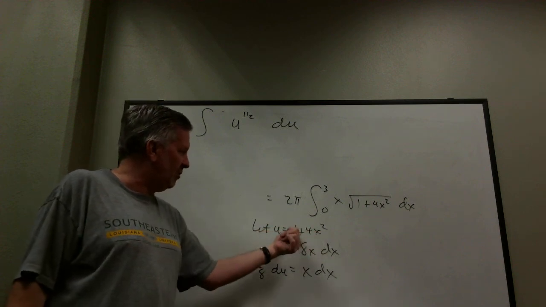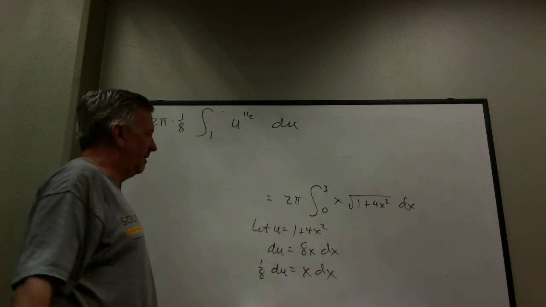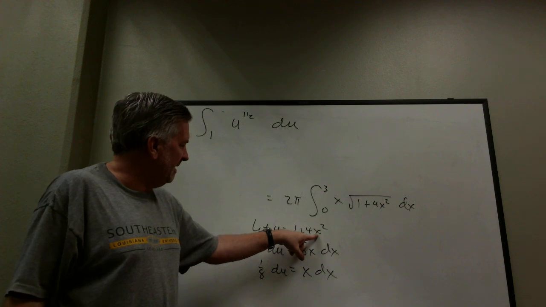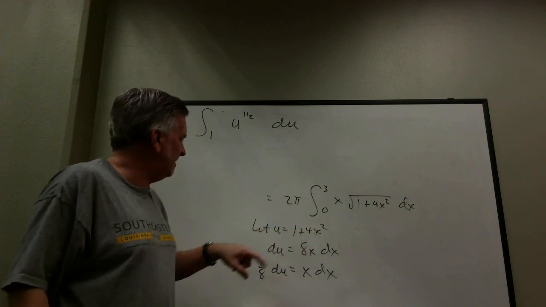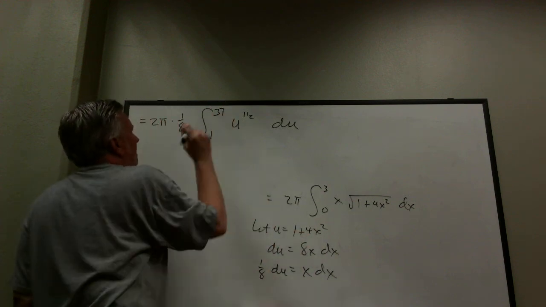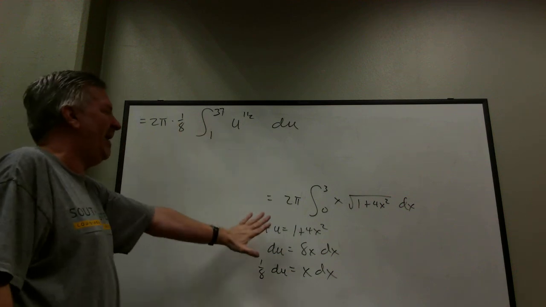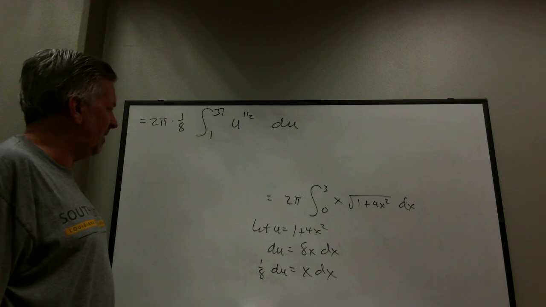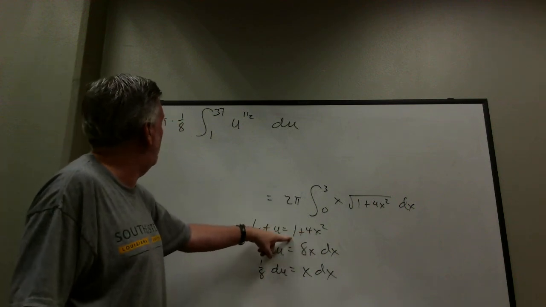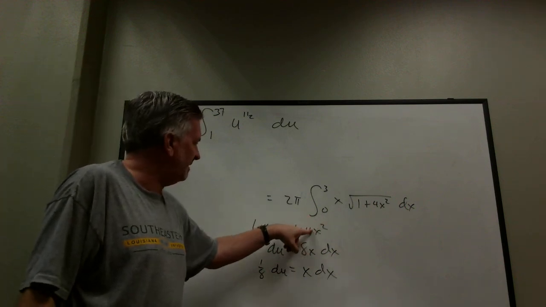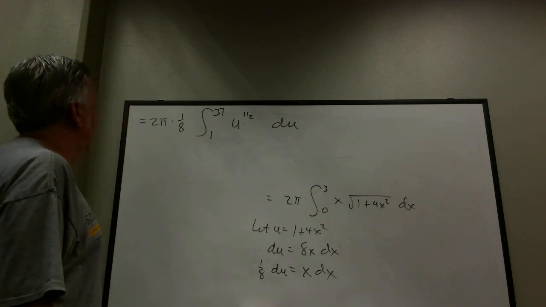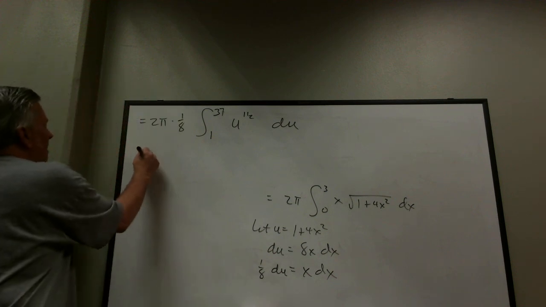Well, when x is 0, u is 1. And when x is 3, u is 37. Again, once you change the endpoints in a substitution problem, you don't have to go back to x's now. Okay? So when x is 0, u is 1. When x is 3, that's 9 times 4 is 36 plus 1 is 37. Okay, now it's an easy substitution problem.